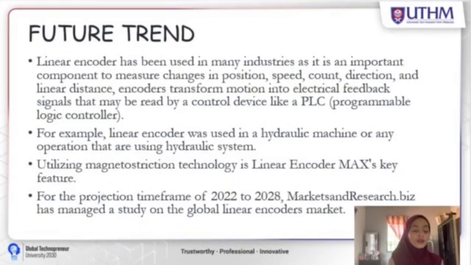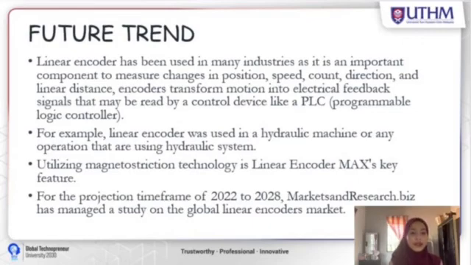As for the future trend, linear encoders have been used in many industries as they are an important component to measure changes in position, speed, count, direction, and linear distance. Encoders transform a motion into electrical feedback signals that may be read by a control device like a programmable logic controller.